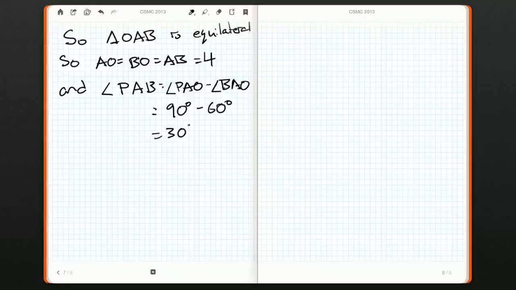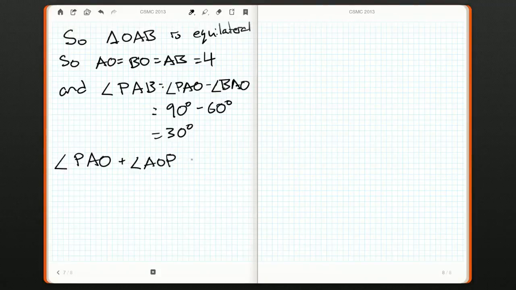We know that PAO, which is 90 degrees, and AOP, which is the same as angle AOB, which we know is 60 degrees, plus angle OPA, that's the sum of the interior angles of a triangle, that's going to be 180 degrees.